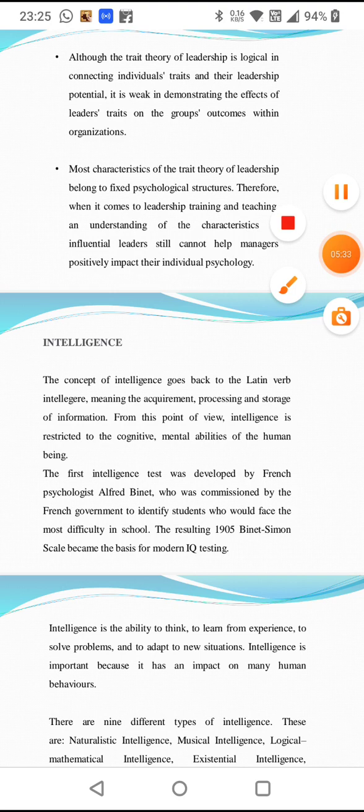The concept of intelligence goes back to the Latin verb intelligere, meaning the acquirement, processing and storage of information. From this point of view, intelligence is restricted to the cognitive mental abilities of the human being. The first intelligence test was developed by French psychologist Alfred Binet, who was commissioned by the French government to identify students who would face the most difficulty in school. The resulting 1905 Binet-Simon scale became the basis for modern IQ testing.